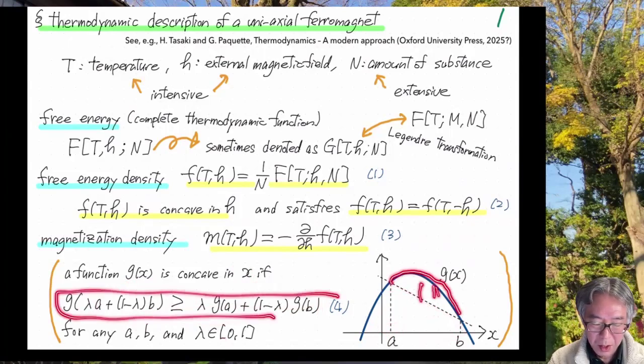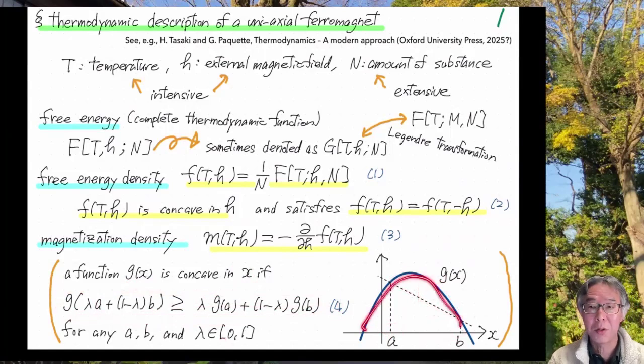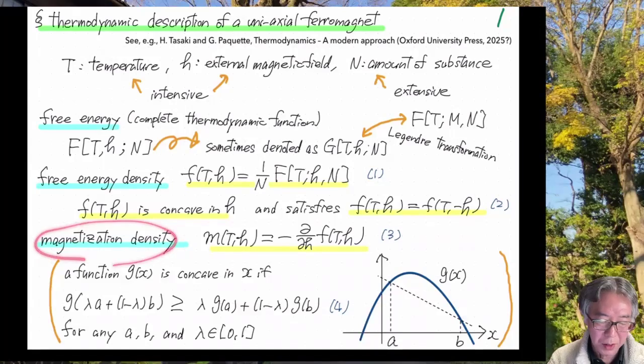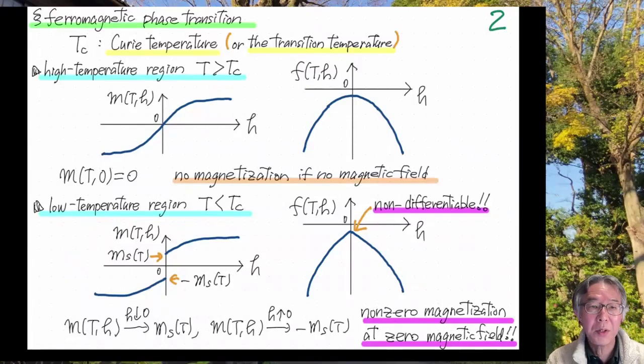This is what this inequality says. And of course, it looks concave. So this is the definition. Now, again from the general theory of thermodynamics, we see that the magnetization density is defined by this. It's minus the derivative of f with respect to H. That was a general thing.